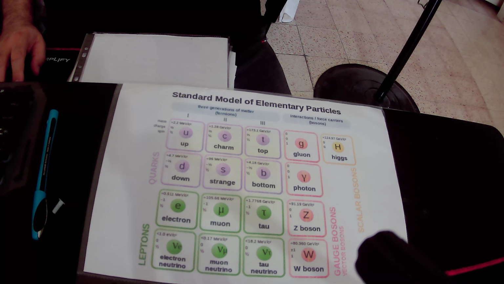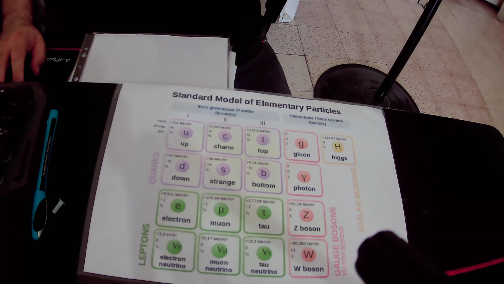For example, the atom of oxygen has 8 protons in its nucleus, while the hydrogen atom has only 1 proton in its nucleus.